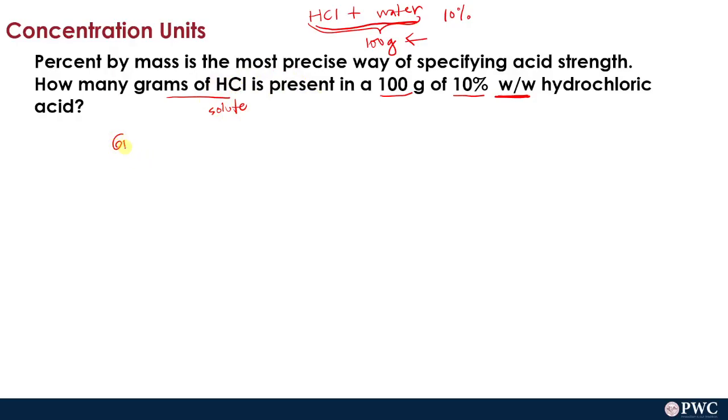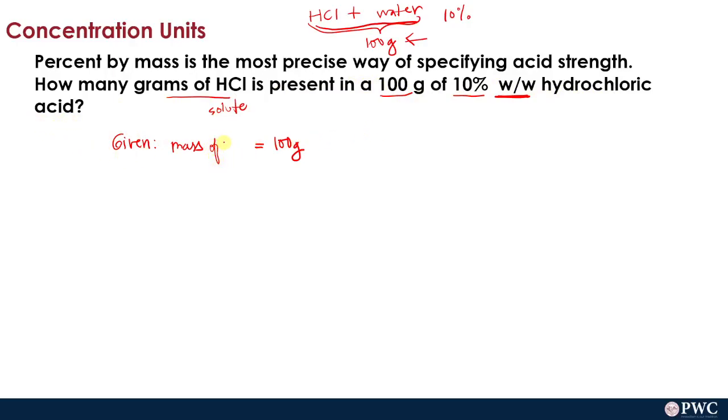Let's start with the given. For the given, look for the numbers and identify what each number means in the problem. We have here 100 grams. What is this 100 grams? This is the mass, since grams obviously indicates mass. The mass of what? The mass of the solution, the hydrochloric acid.